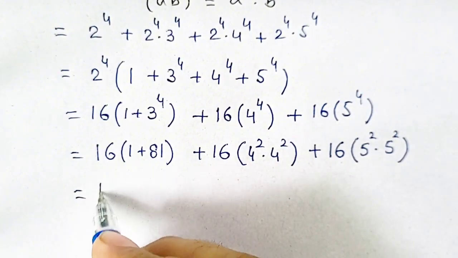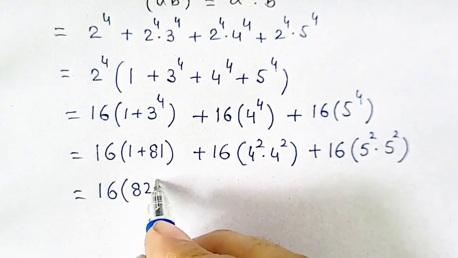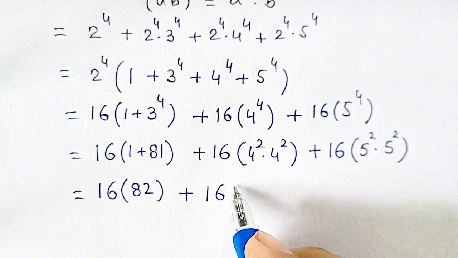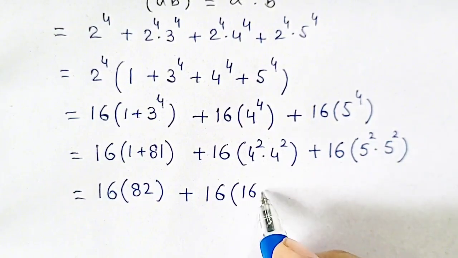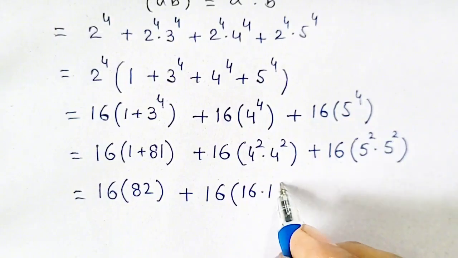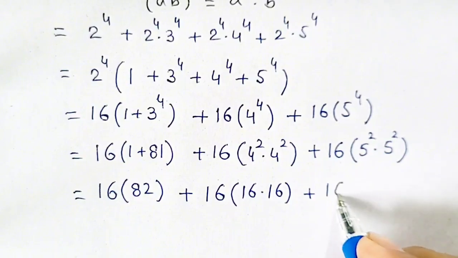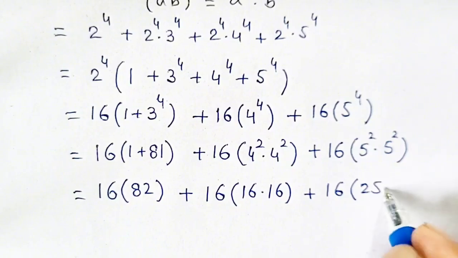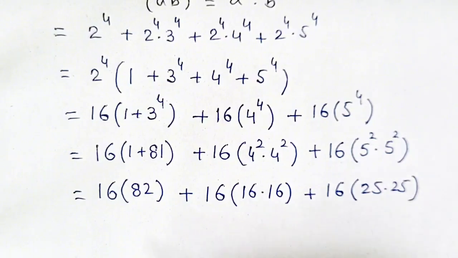So 1 plus 81 is 82, plus 16 times 16, plus 25 times 25.